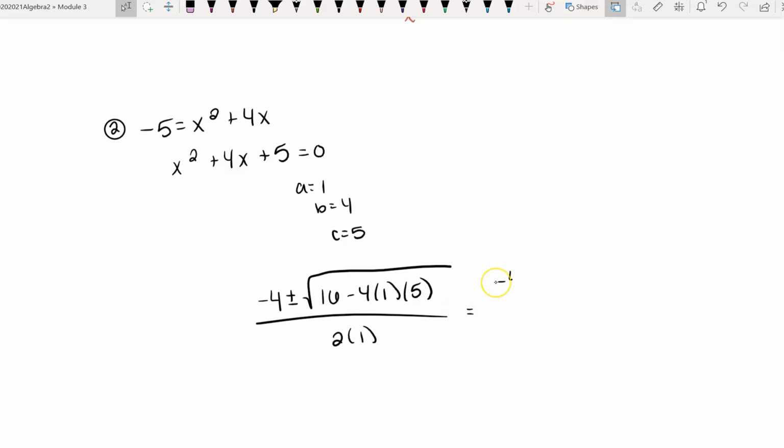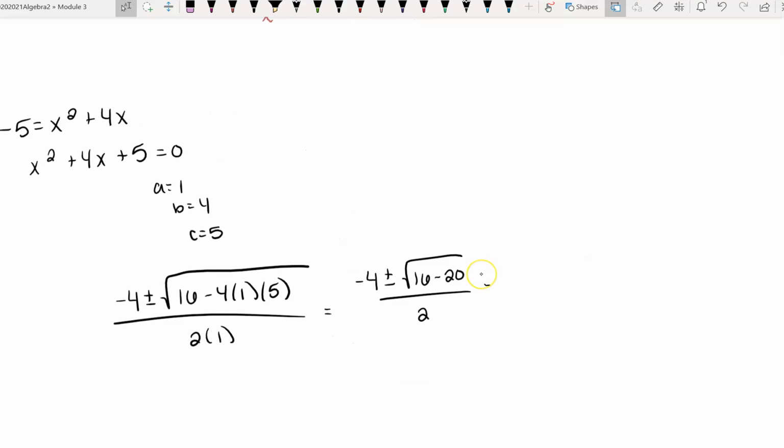Okay, I've got -4 plus or minus the square root of 16 minus 20. Oh, we're going to get a negative in there, which is fine. We know how to deal with that. -4 plus or minus the square root of -4 over 2. Over to the side, I've got the square root of -4.